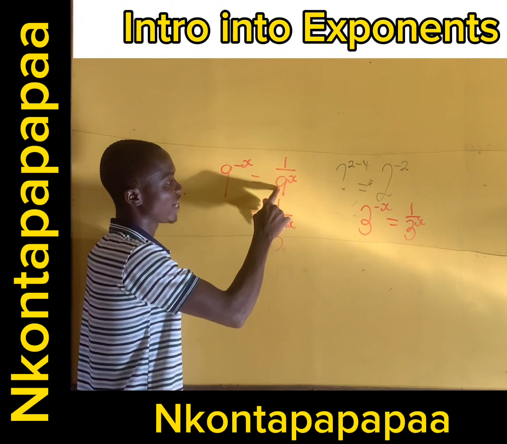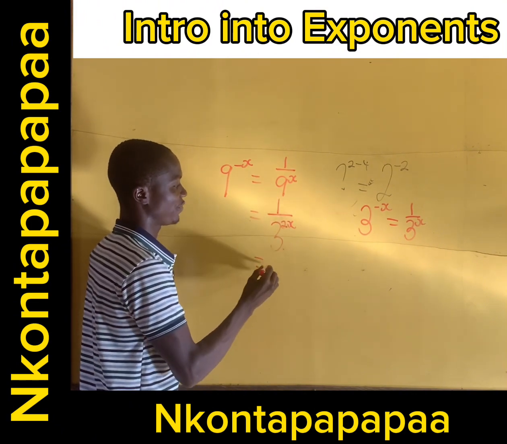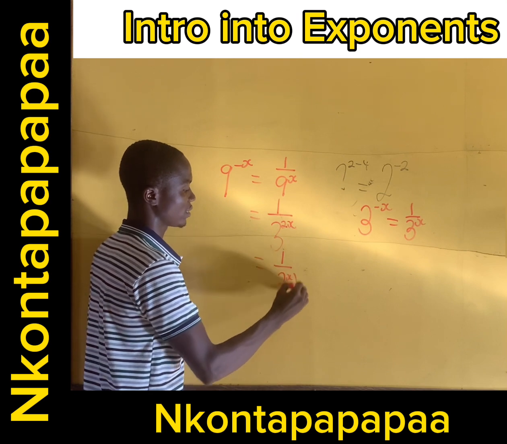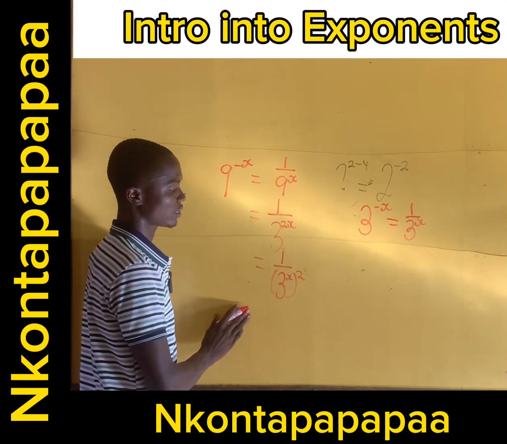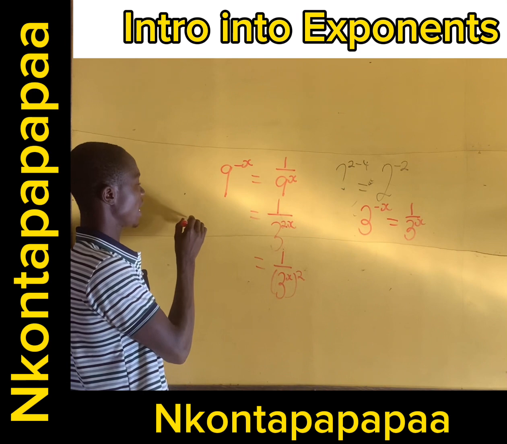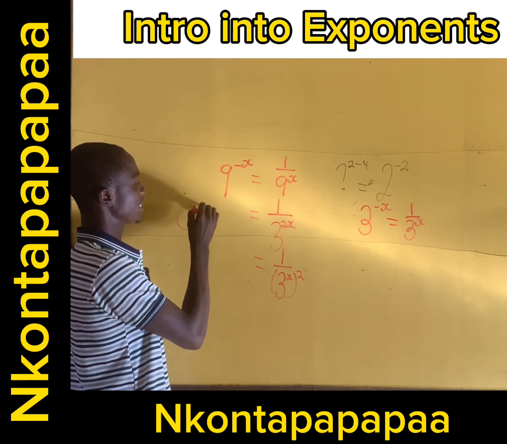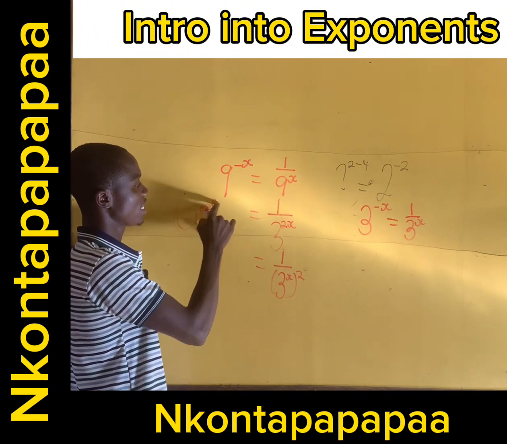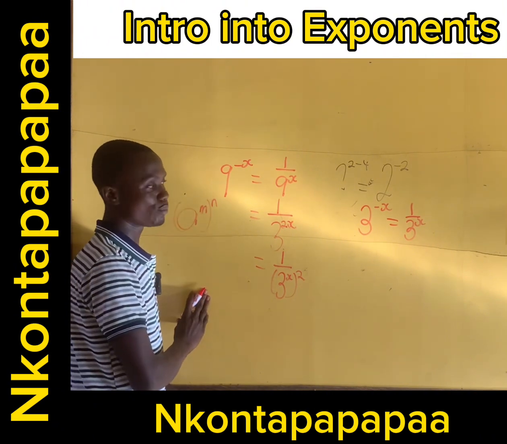For 3 power 2 gives us 9 and we have power x. And this can be written as 1 divided by 3 power x, then we take power 2 out. Because we said that if you have a exponent m, exponent n, we can interchange m and n in a very simple way.